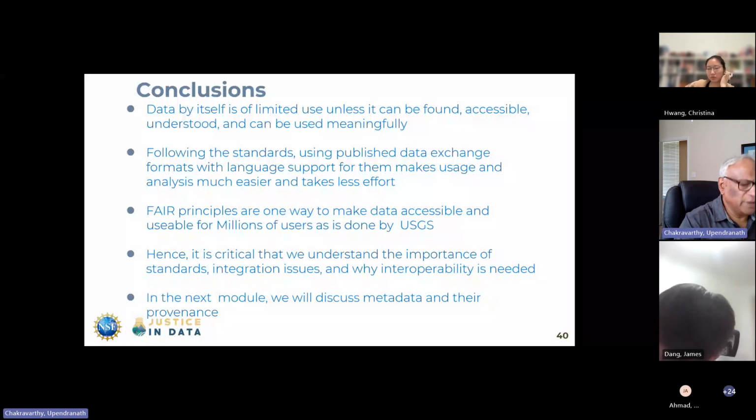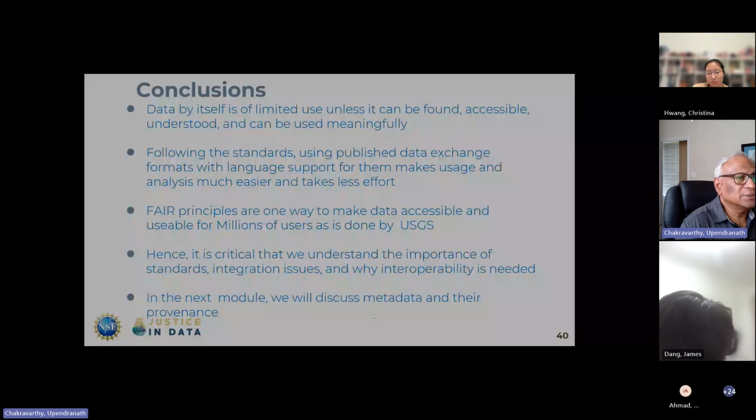In fact, I think FAIR principles are more widely used, in my opinion, in the USGS domain than even in the computer science domain, unfortunately. Hence, it is critical that we understand the importance of standards, integration issues, and why interoperability is needed. In the next module, we'll discuss metadata and their provenance.